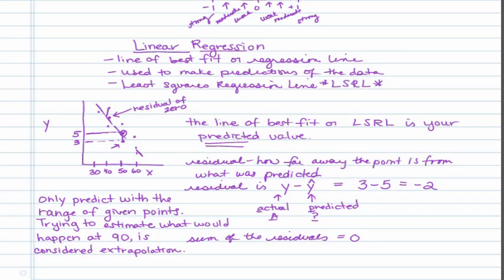And what ends up happening is that ends up being very false. So we try to avoid extrapolation because it's outside the range of the data. So we want to avoid this. It usually results in an incorrect answer or an incorrect prediction.